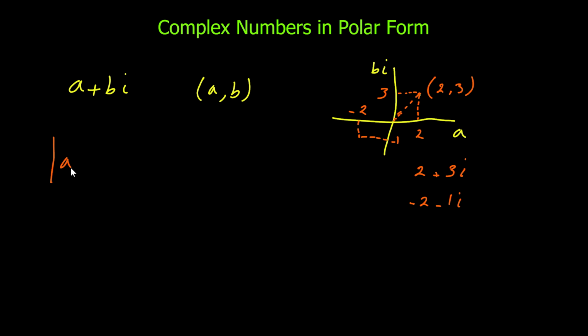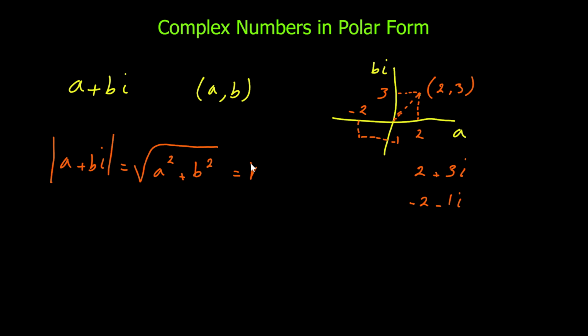So here, if we get the absolute value of a plus bi, that would give us the distance from that point (a, b) to the origin. This is going to be the square root of a squared plus b squared.